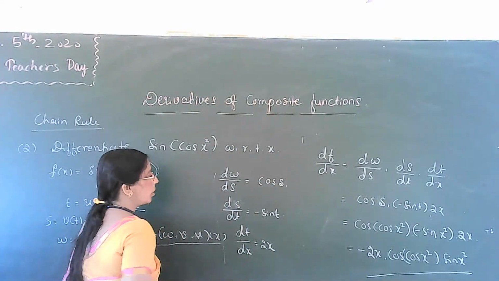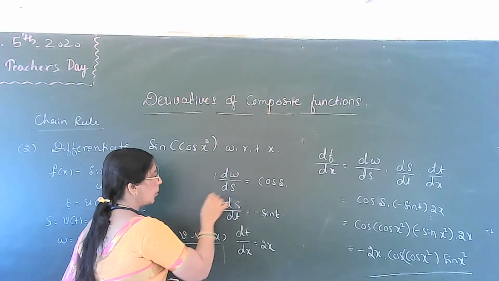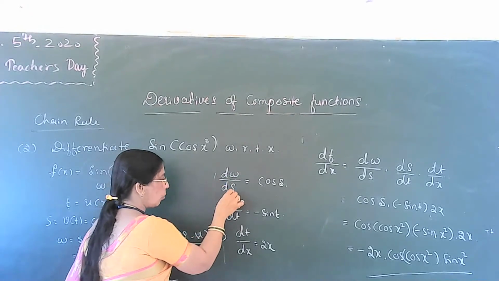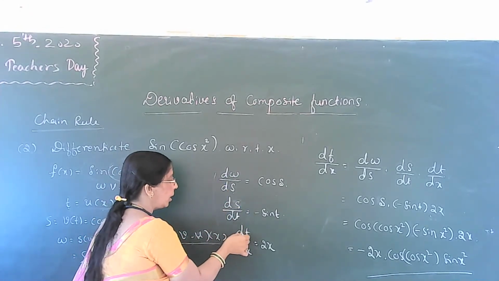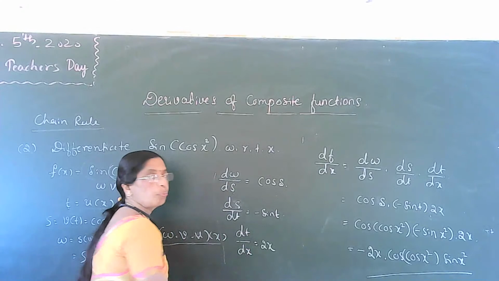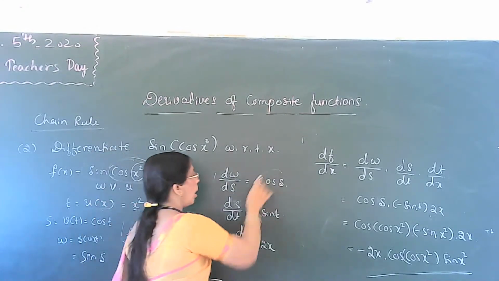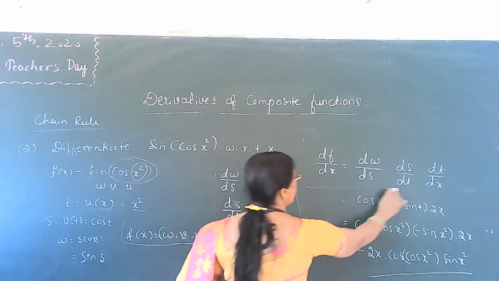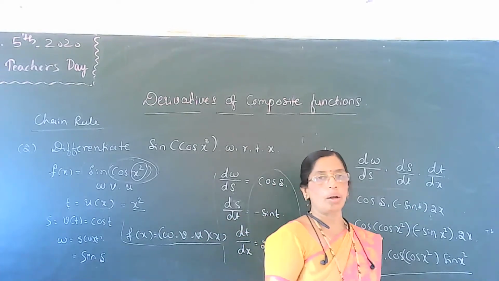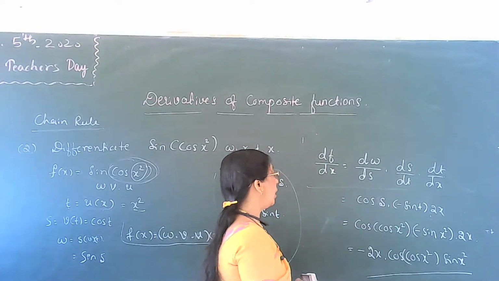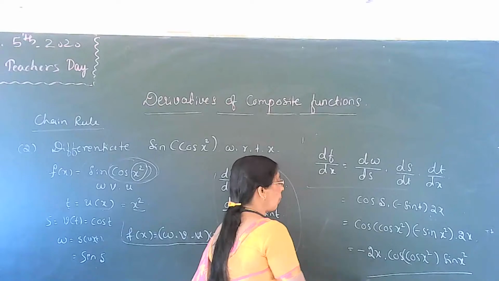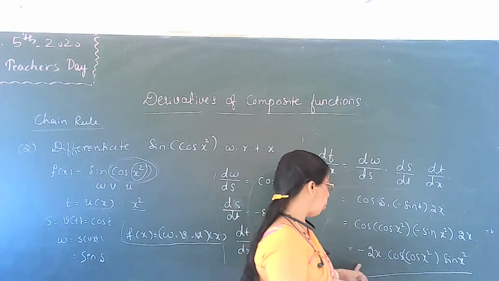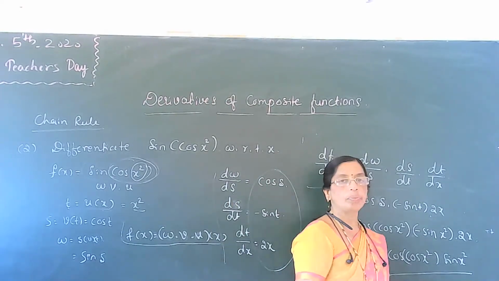Finding the derivative of these functions, w with respect to s, s with respect to t and t with respect to x, these all exist. Then we use the chain rule. Finding the product of these three, we get the derivative of the function minus 2x into cos x square into sin x square.